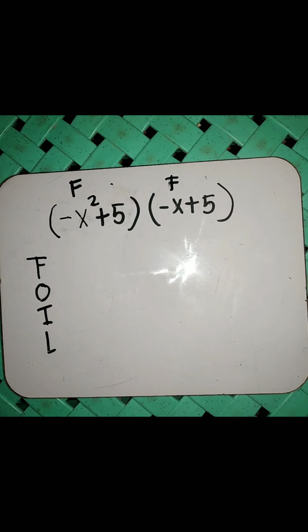If you read from left to right, the negative x squared and negative x are the first term in each binomial, so that makes sense.